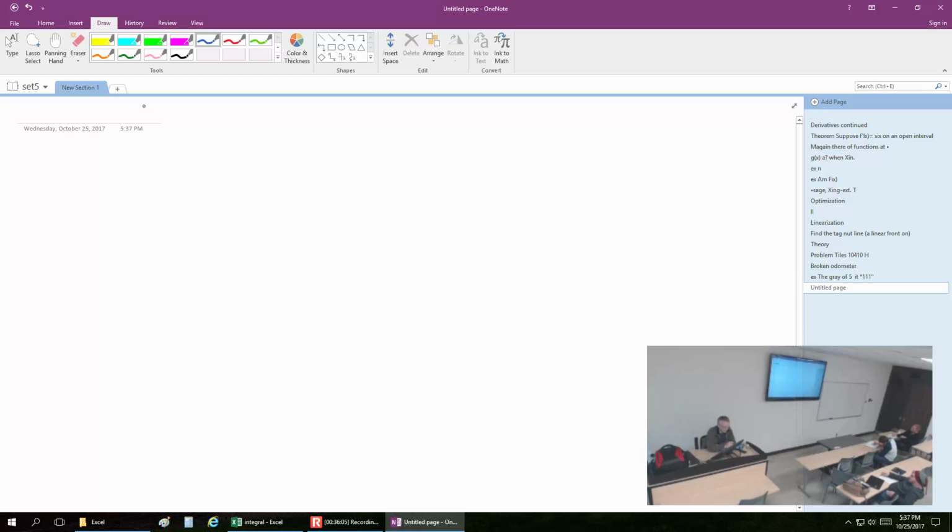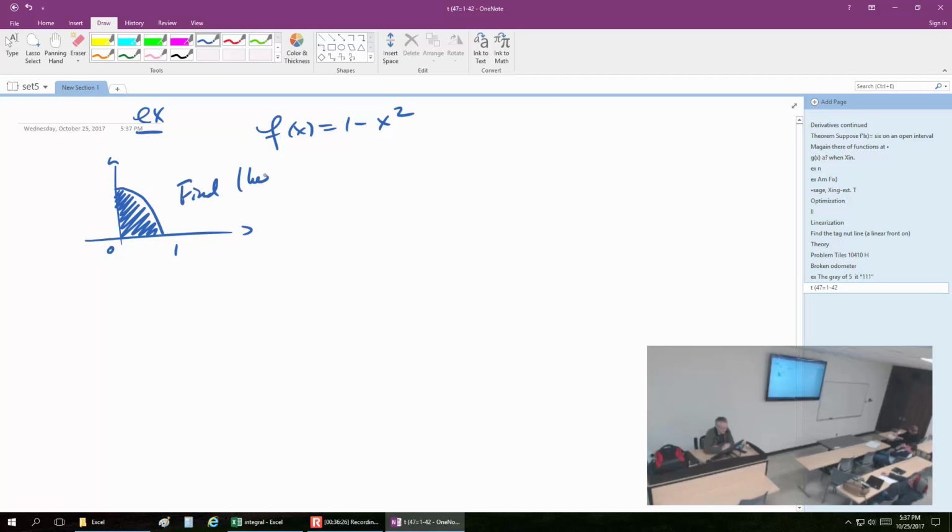So what I'm going to do is, once again as an example, following this plan, take the function 1 minus x squared. So 1 minus x squared is an upside down parabola. Okay, and my interest is this: find the area, and by the area I mean really the absolutely accurate area.